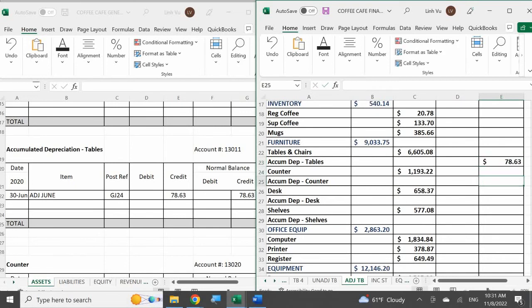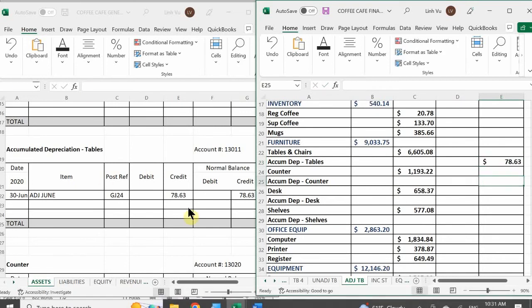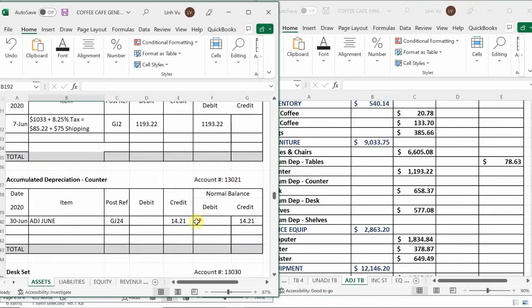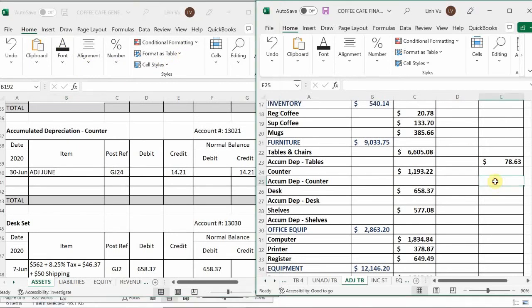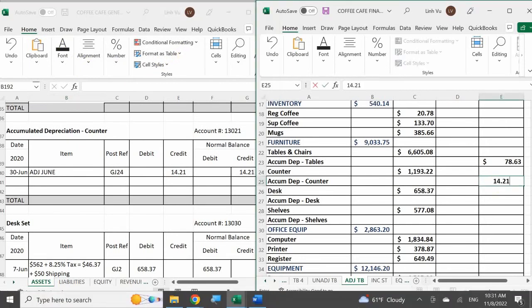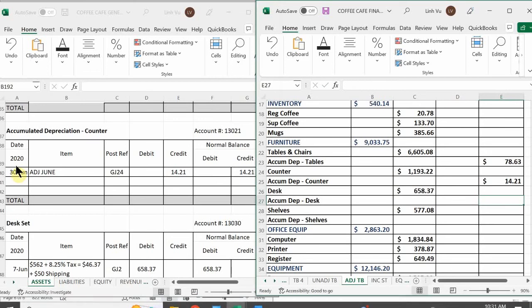Okay? So in this case, for my tables, it was $78.63. Okay. For my depreciation for my counter, it was $14.21. Okay.